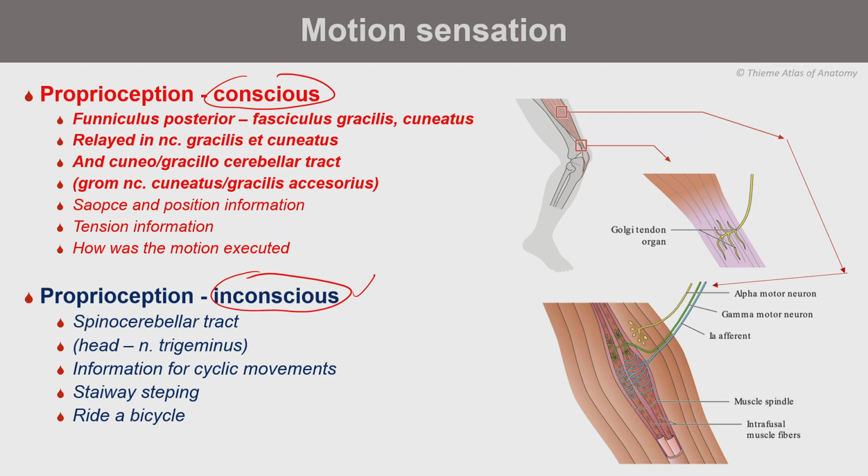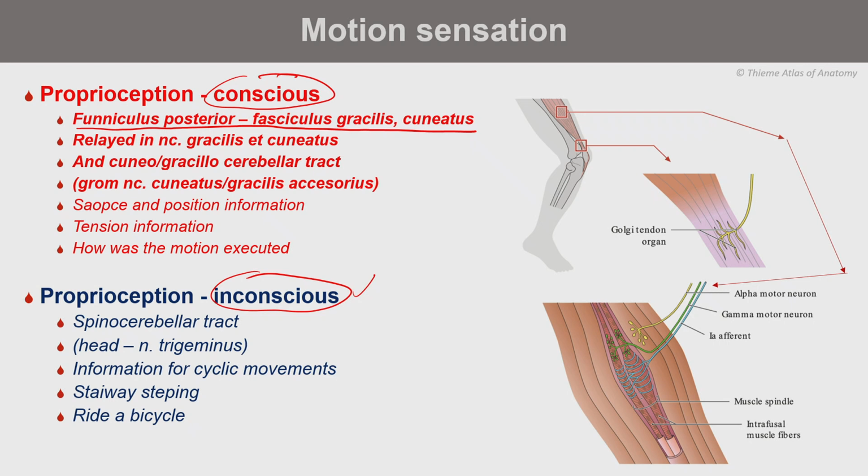with the information from the vestibulocochlear system. So it's coordinating the position of the body, the position of the limb. So then, conscious information is led with tactile information through the posterior funiculi with fasciculus gracilis and cuneatus.